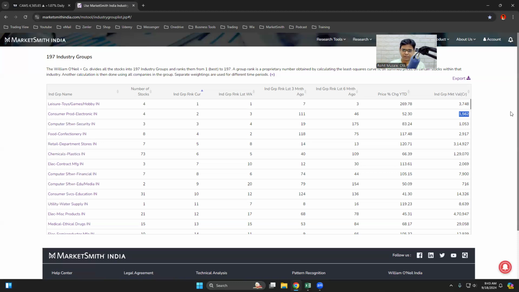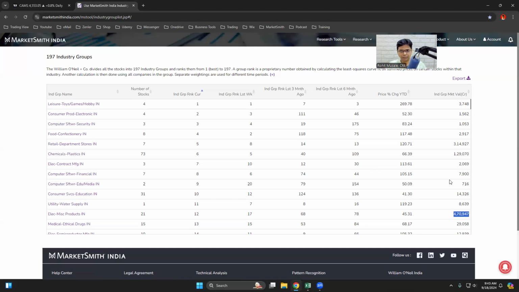Similarly, there is no comparison between this industry and this industry in terms of size or market capitalization. There are still other bigger industries here. See, compare the market capitalization. You can quickly understand what is the size of the industry groups.